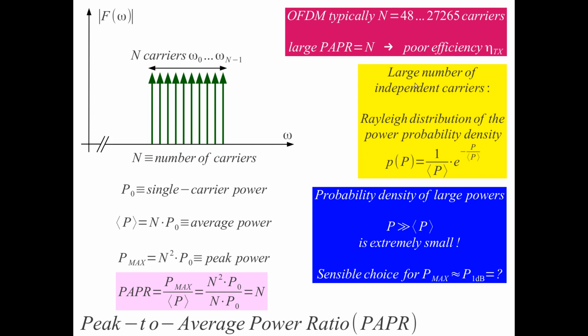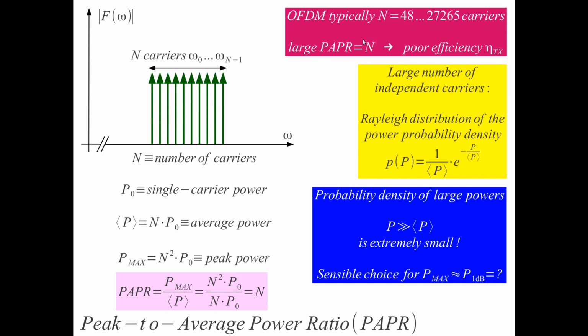If we have a large number of independent carriers, an OFDM may span from 48 to 27,000 carriers: 48 carriers in Wi-Fi, up to 27,000 carriers in digital video broadcast, terrestrial digital video broadcast.